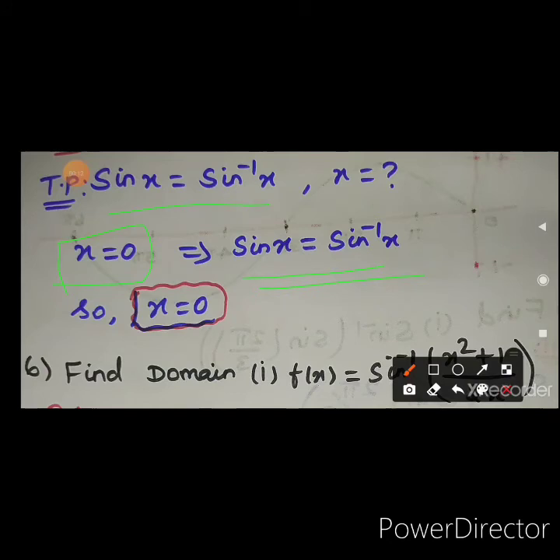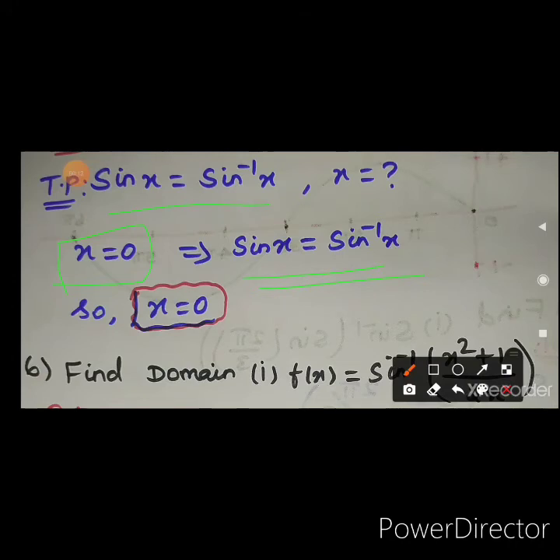The conclusion is this is 1, this is 2, means 0 less than or equal to x, and x less than or equal to 1. So the domain is closed interval 0, 1. Why we are choosing closed interval?